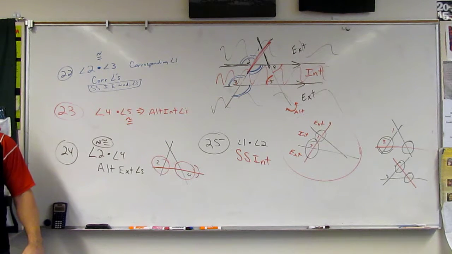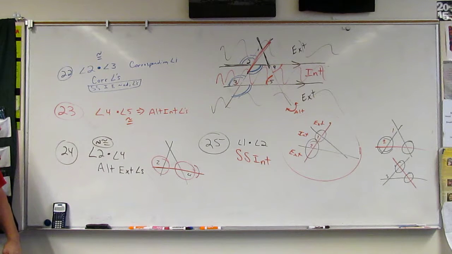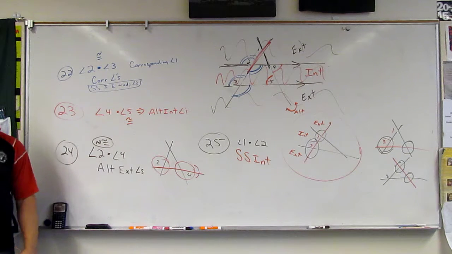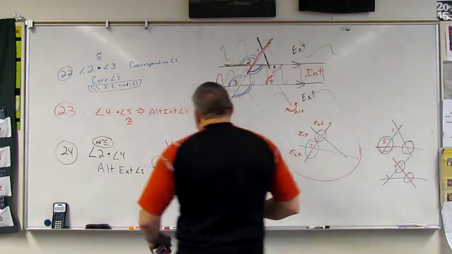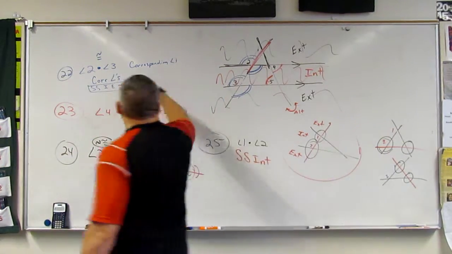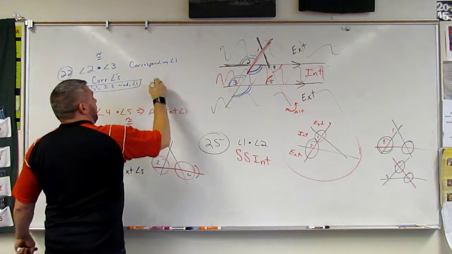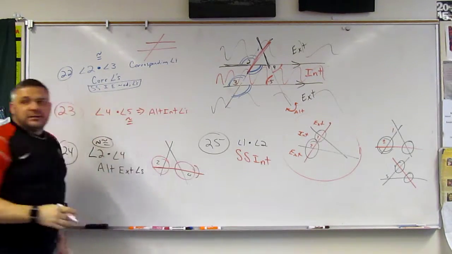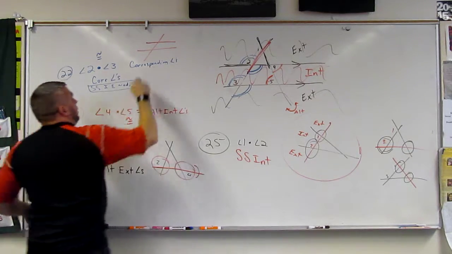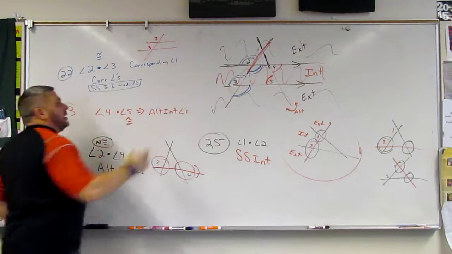The two angles which you are talking about have to be touched by the transversal in order to be named. Okay? So, in this first one, 2 and 3, let's look at 2 and 3. We have this line and this line, right? And we don't know what 2 and 3 are, right?